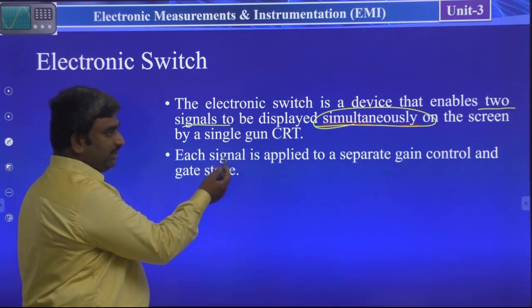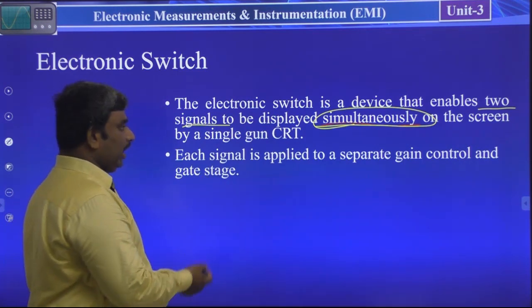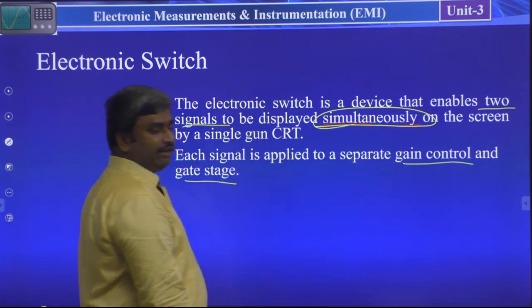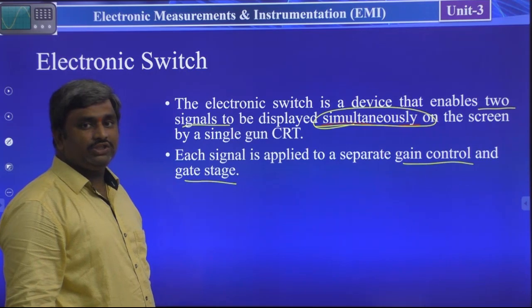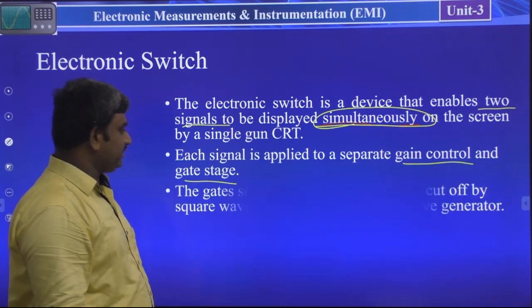Next, each signal is applied to a separate gain control and gate stage. So each signal has a separate gain control. How we will adjust the gain control, and what gain adjusting parameters are available, that we will see.